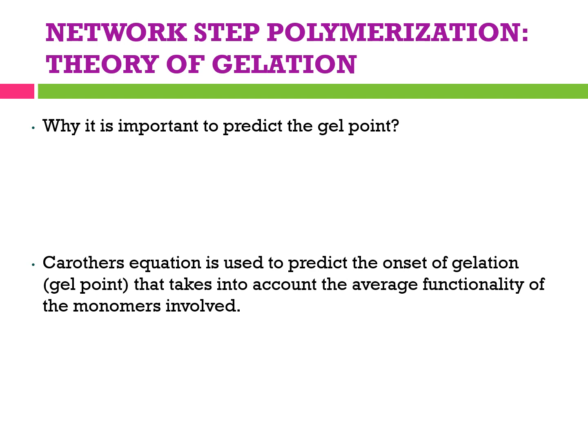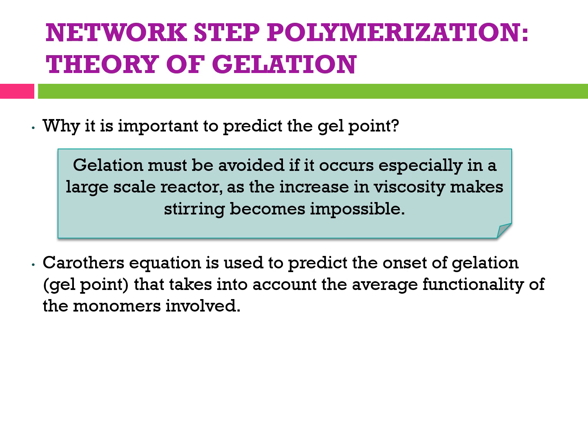Even though gelation gives the first indication that polymerization has started, excessive gelation makes stirring during polymerization difficult because of very high viscosity. So it is important for us to predict the gel point during the polymerization.